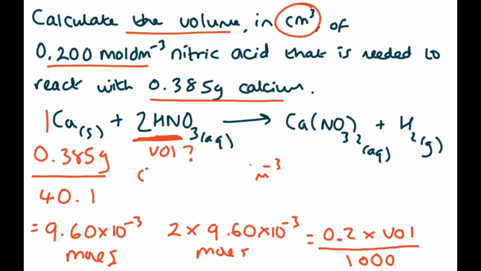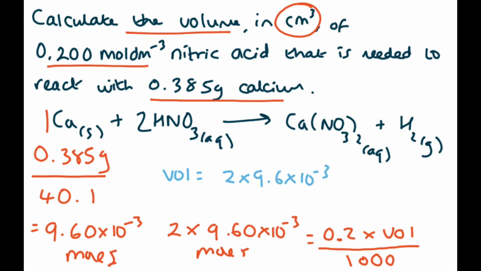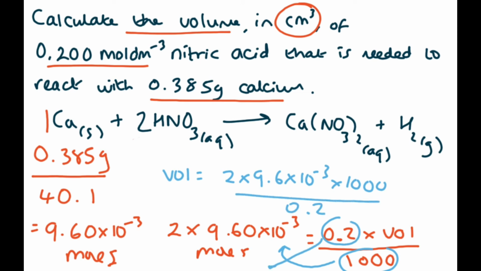So the volume is going to be the moles times 1,000, because it's dividing on that side, and then divided by 0.2. And when you do that, keeping to 3 significant figures, your answer is going to be 96.0. Don't forget your units, centimeters cubed is your answer.